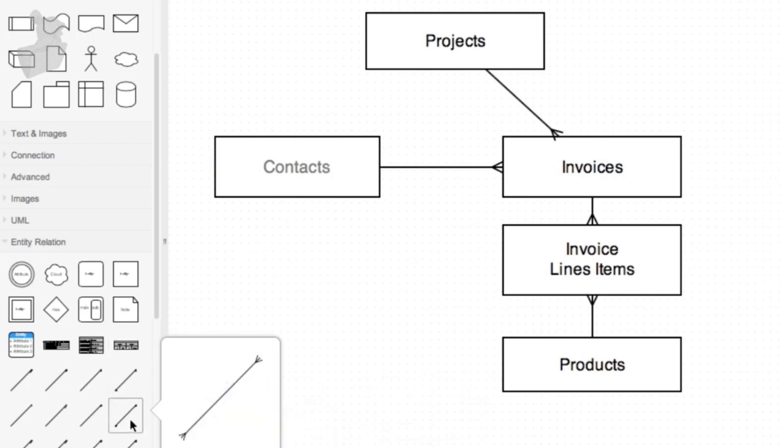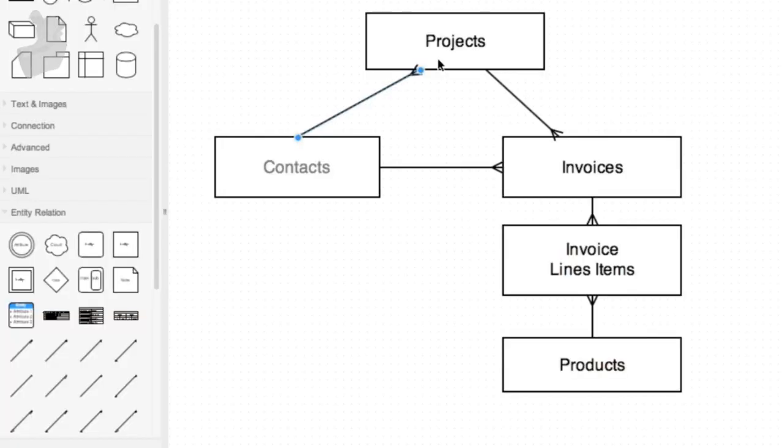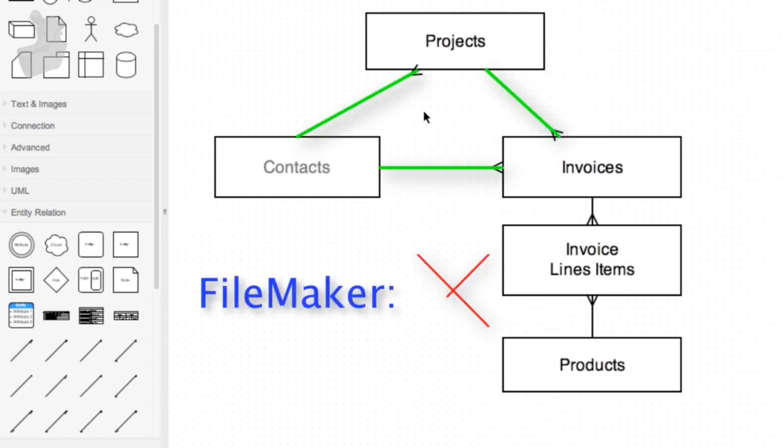Okay, that makes sense. But the contact might have more than one project, so it's a one-to-many again, certainly. So we're going to have to drag this out one more time. I'm going to drag this end up here. And I've cross-connected it. Now, if we were in FileMaker, this wouldn't be allowed because this is a circular reference. But in entity relationship diagrams, that's expected. That's normal because we know that this contact's base table can only be on here once. And we know that it has to talk to both invoices and to projects, which makes sense.